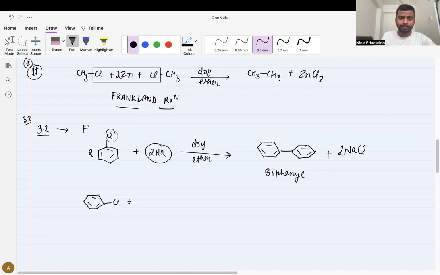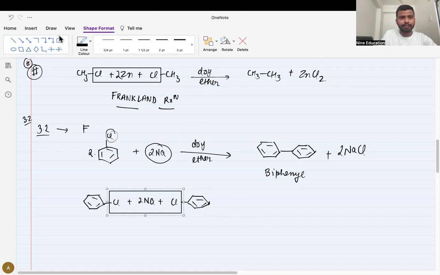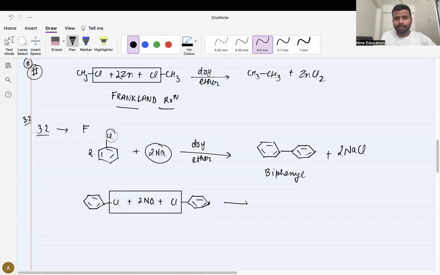You have one Cl, you have 2 moles of Na, you have another Cl. So this Na and Cl, this Na and Cl will combine and this carbon and this carbon will combine with one another. You will get biphenyl plus 2 moles of NaCl. Understanding or not?